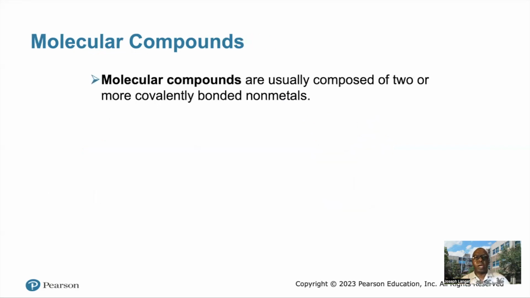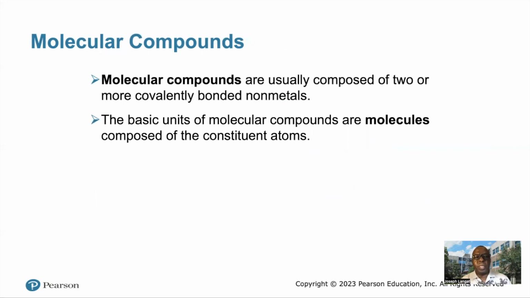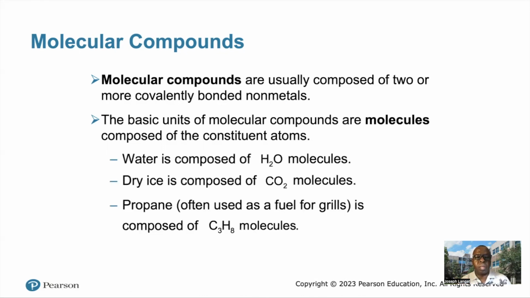All right, the basic unit of a molecular compound is called a molecule. Remember there was a slide I gave you about the formula units for ionic compounds, and for molecular compounds, the simplest form is the molecule. So understand the constituents give a new molecule, molecules, propane and so forth.